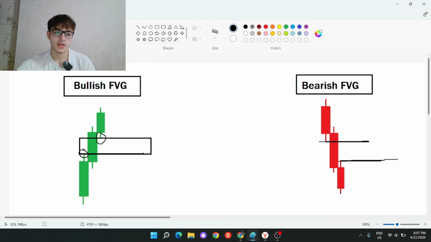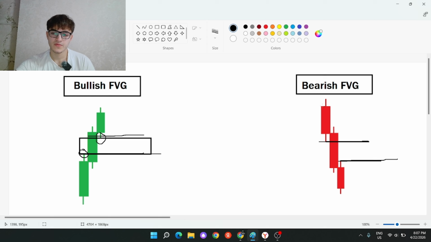For the bullish fair value gap, we first mark the first bullish candle's top wick and the third bullish candle's bottom wick. This is the bottom wick and this is the top wick.